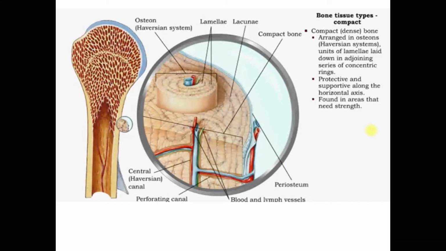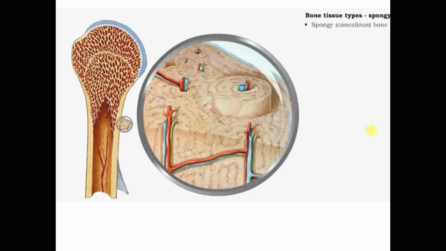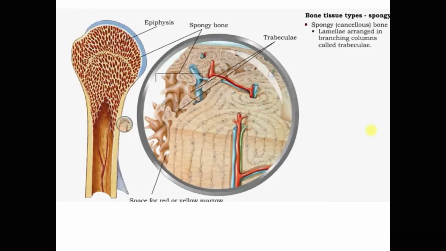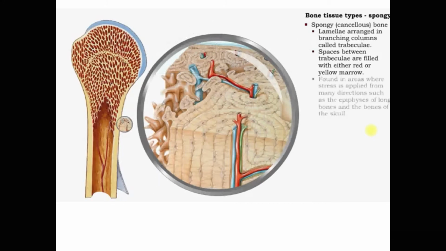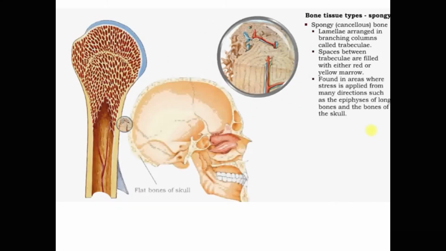Compact bone is found in areas that need strength, such as the shaft of long bones. In spongy or cancellous bone, the lamellae are arranged in branching columns called trabeculae. The spaces between trabeculae are filled with either red or yellow marrow. The trabeculae are oriented along lines of stress. Spongy bone, found in bones where stress is applied from many directions, has the ability to transfer stress without breaking.